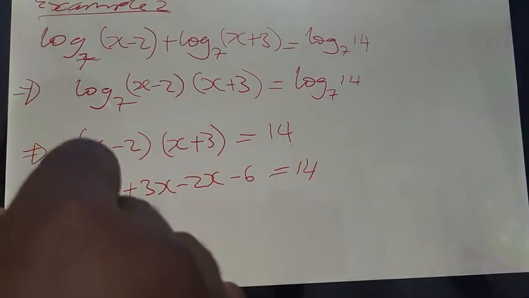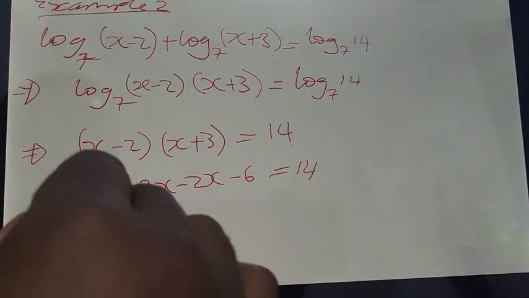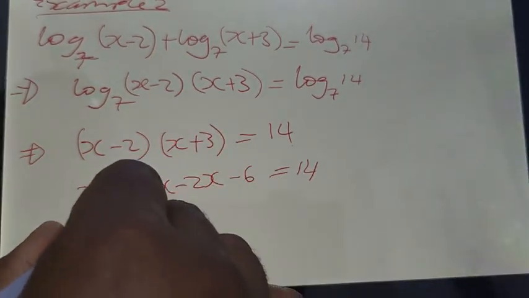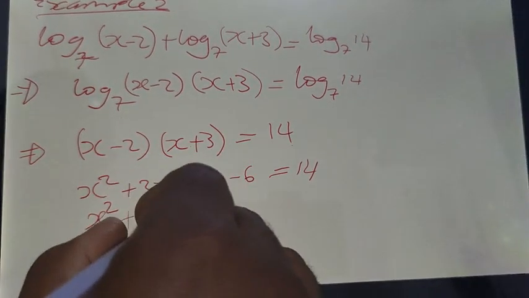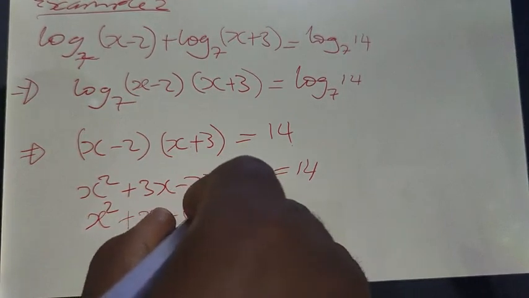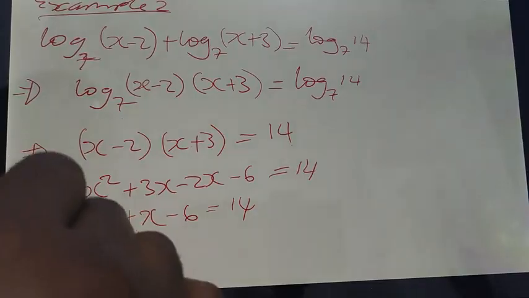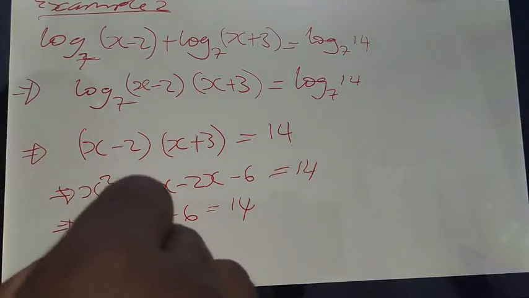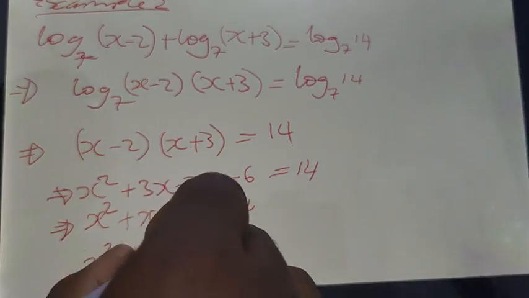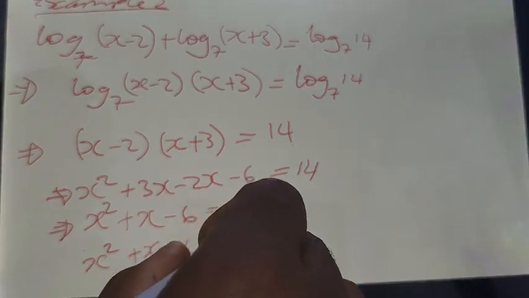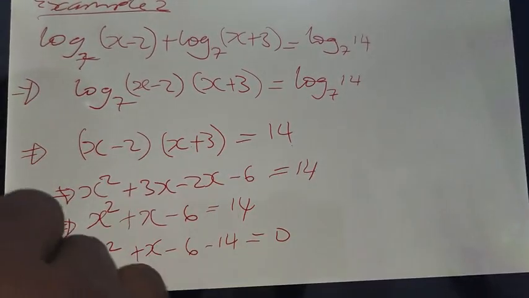So you have x squared plus x minus 6 is equal to 14, which means x squared plus x minus 6 minus 14 is equal to 0.